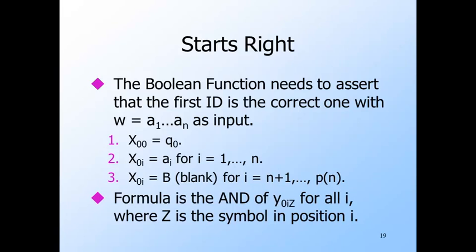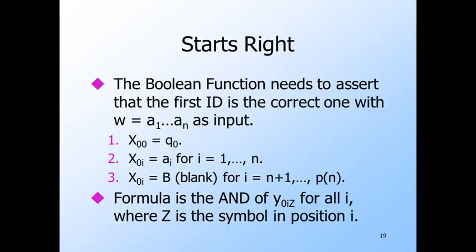But there's a propositional variable for that. Each of the conditions that makes up starts right is of the form some one of the x variables is a particular symbol. But that's what the propositional variables y_ija do.